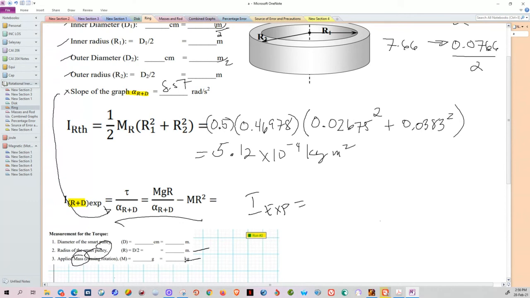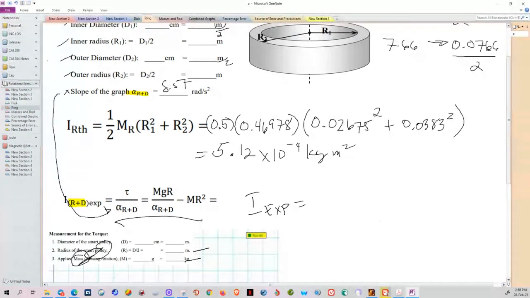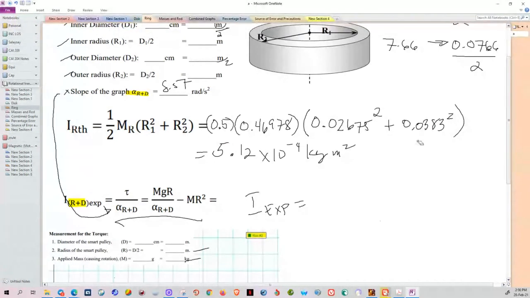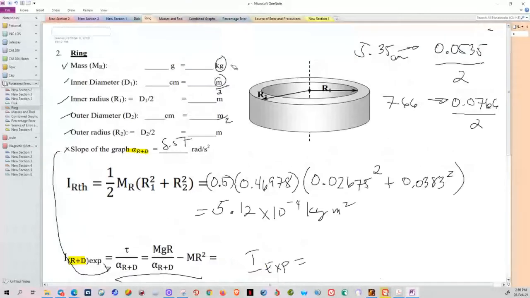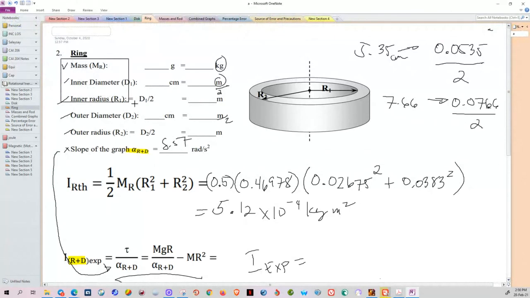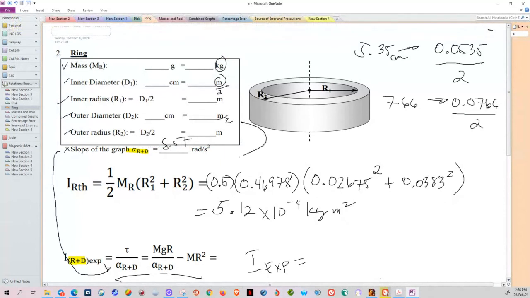Which R will you take? 1 or 2? No, none of them. You are losing it again. Shabab, the measurement of the inertia of the ring, let me show you. Let me make a rectangle. This measurement, diameter, radius, mass, this one is for this.